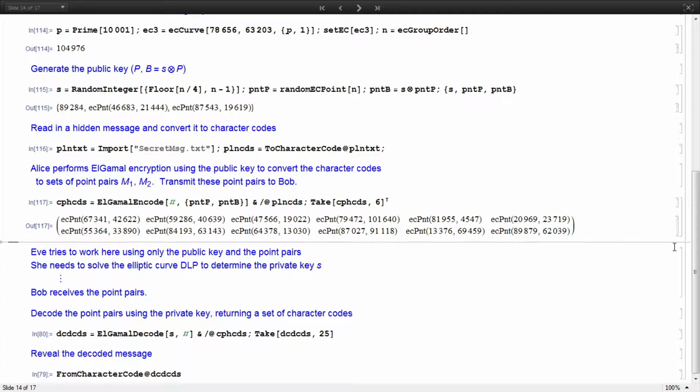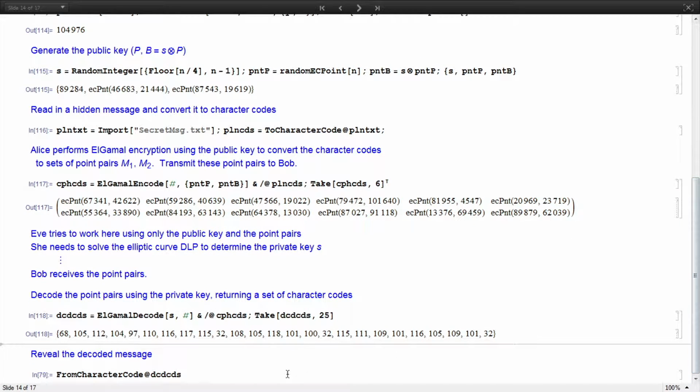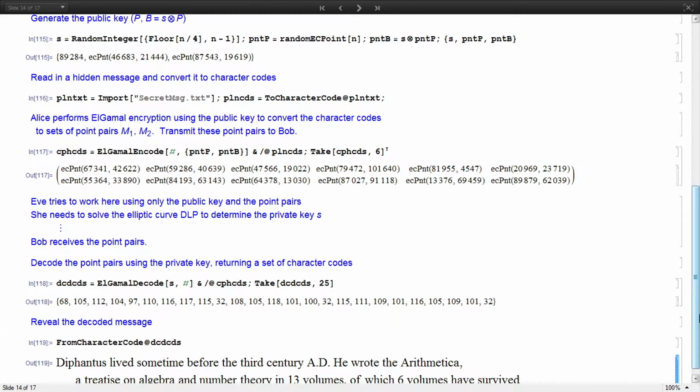Any eavesdropper who tried to read this message would essentially have to get s back, the secret number s, which means they'd have to solve the elliptic curve discrete log problem, which is, as far as we know, hard to do over a sufficiently sized field. And then the decoding algorithm is applied, turning numbers back into messages. And this is the correctly decoded message.